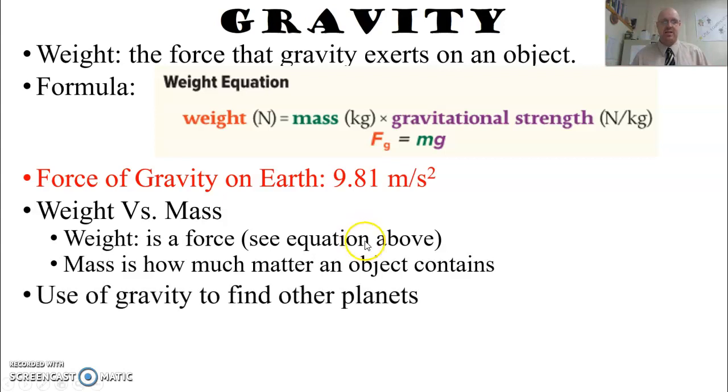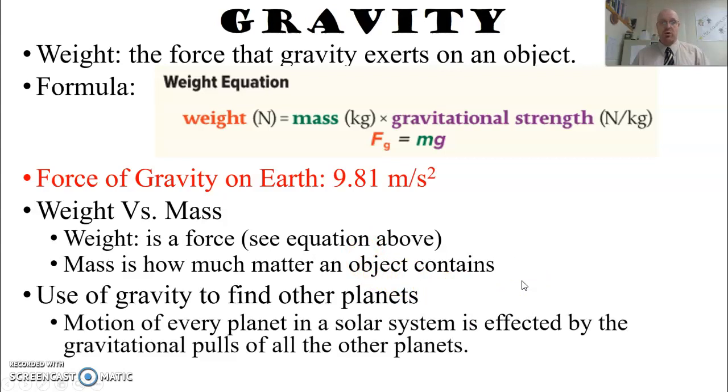Mass is how much matter we contain, how much stuff we have inside of us. That is mass. And we can also actually use gravity to find other planets because as we watch planets or different celestial bodies orbiting, there can be vibrations or different things that we can determine on light spectra and some other things that actually change when another gravitational body is nearby. And that is a lot of times how we find planets in distant solar systems as we watch for gravitation.